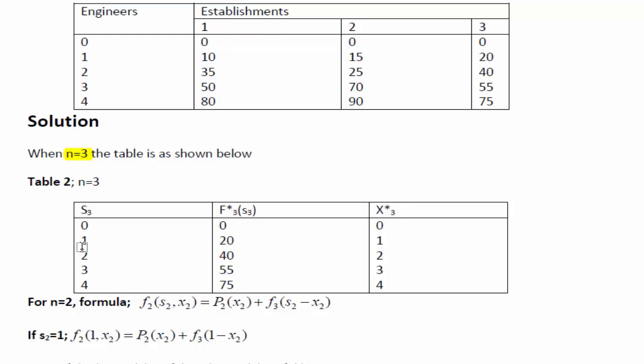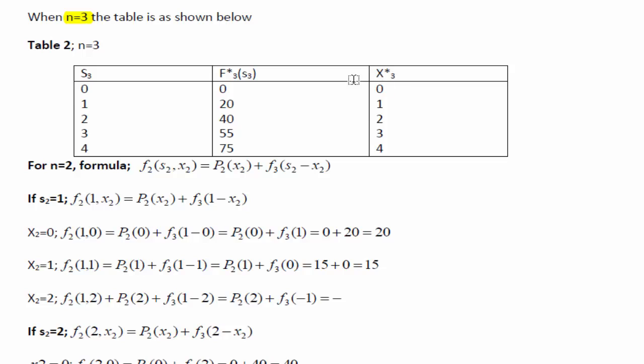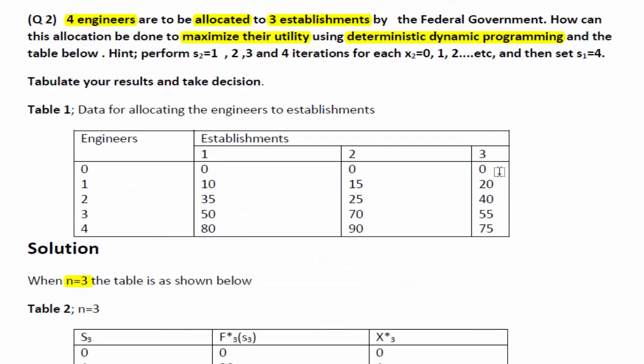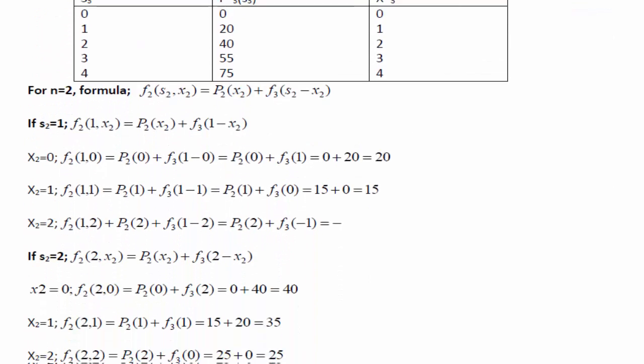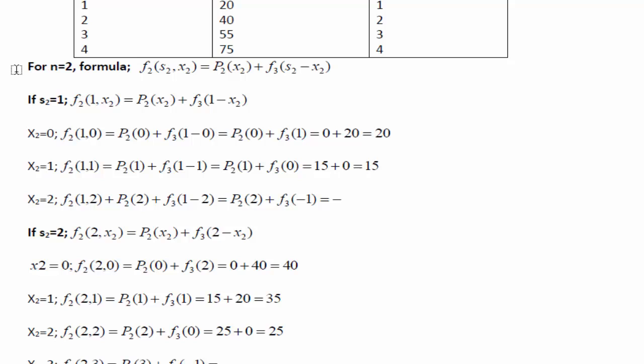I will assume you understood the other video. So you just copy the same thing here, exactly the same headings, and whatever values you have here, you write them as F3S3. I hope you understand. Alright, so then you move to N2, that's for country 2.